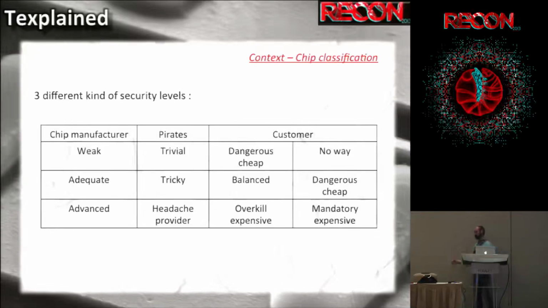But if you go to the customer side now, it's different, because it really depends on your application. If you want to have a chip for 10 years in the field, or if you want to change them every year, and depending on the size of your market, and the chance that you are going to be hacked, the whole level of security can fluctuate a bit.